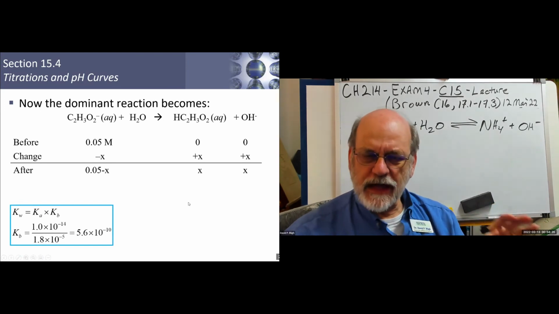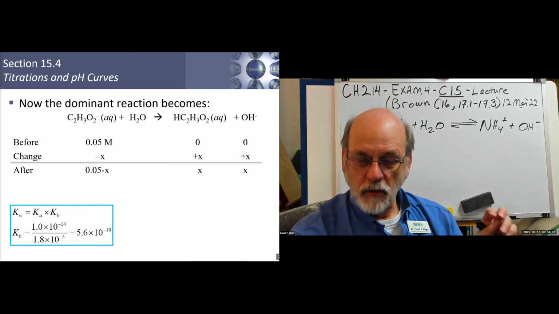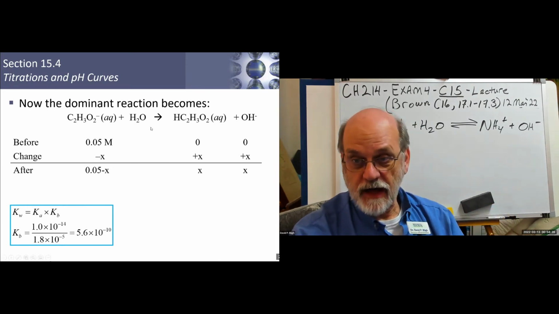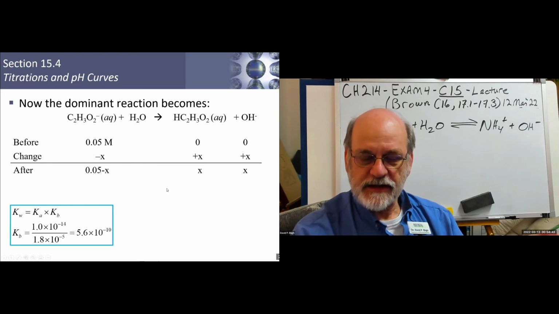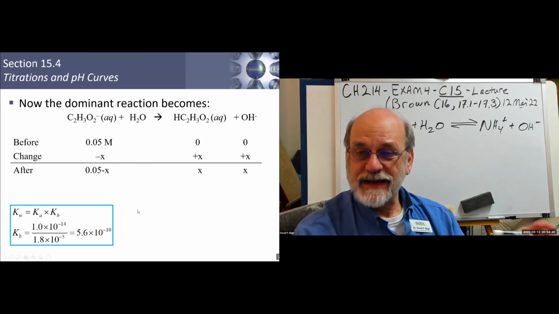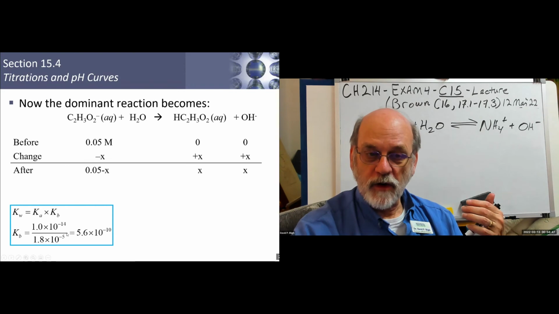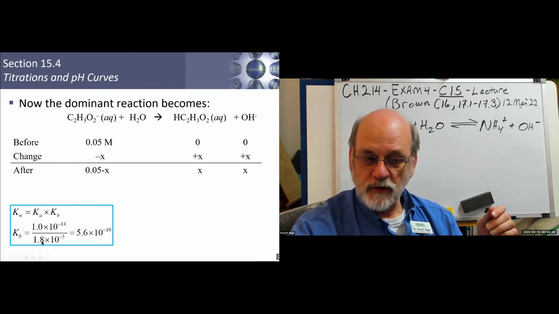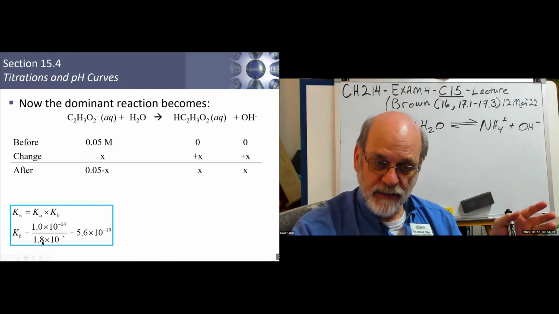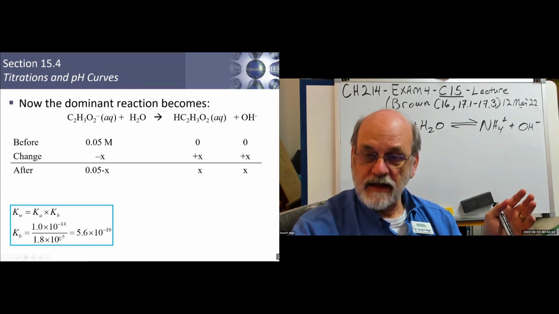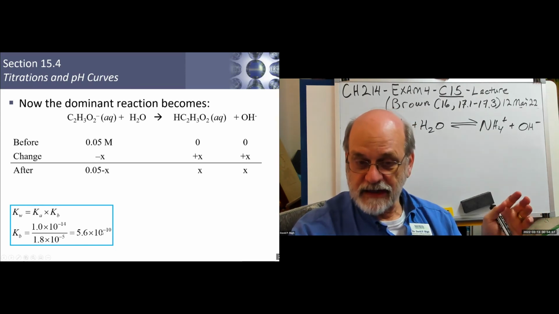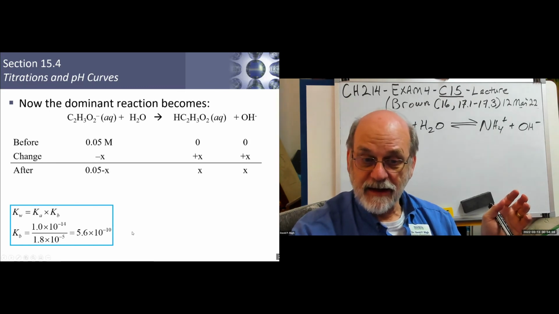Now, instead of using Henderson-Hasselbalch, since this is not an acid reaction, this is a base reaction, this is a Kb. So we need to calculate the Kb for the acetate, which would be 1 times 10 to the minus 14 divided by the Ka of 1.8 times 10 to the minus 5, which is 5.6 times 10 to the minus 10.